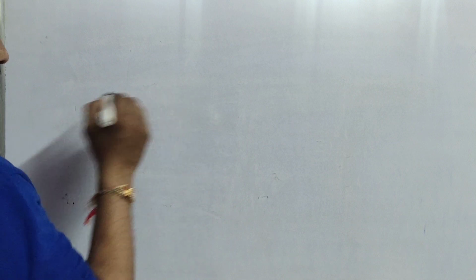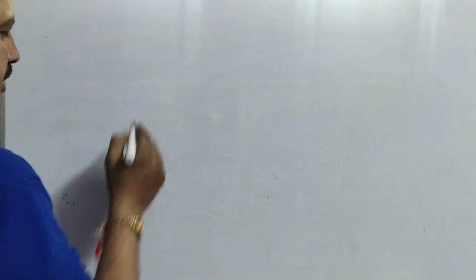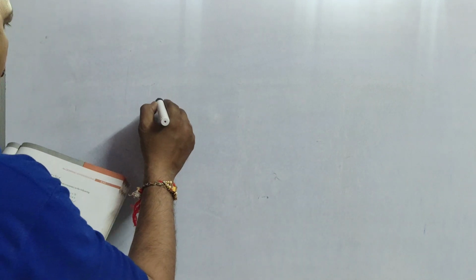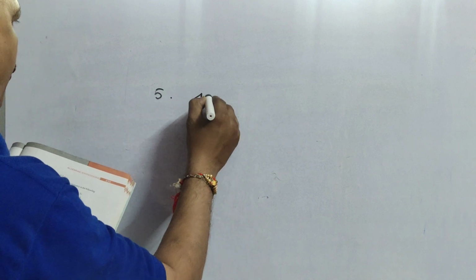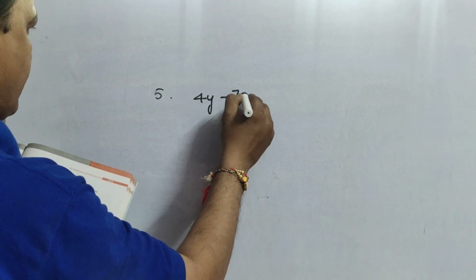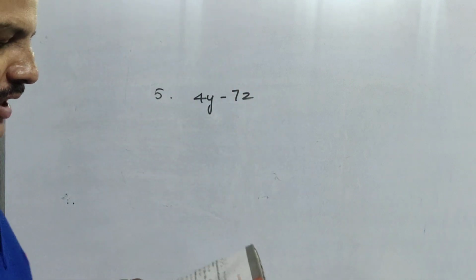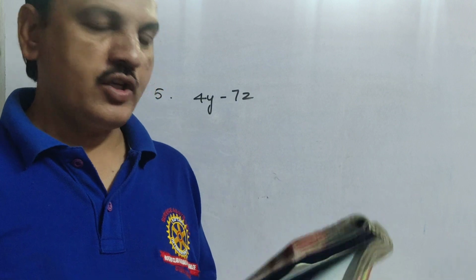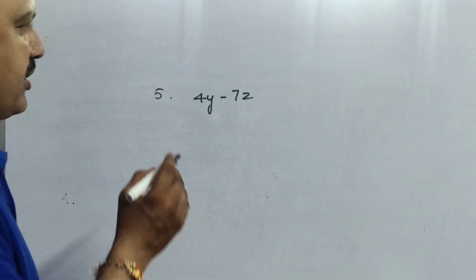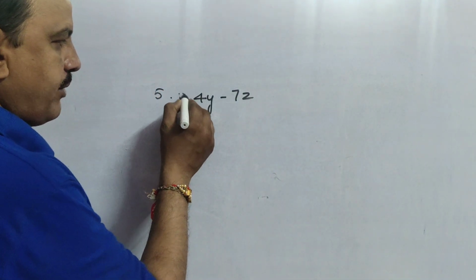Now coming to the fifth question, you all learned about monomials, binomials, trinomials, right? Here the first question is given, fifth question, first part, 4y minus 7z. It is asking to classify into monomials, binomials and trinomials. So first write the question, I am explaining the first one.